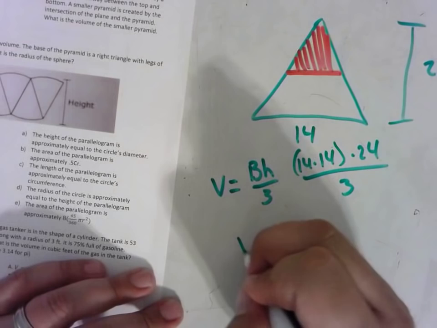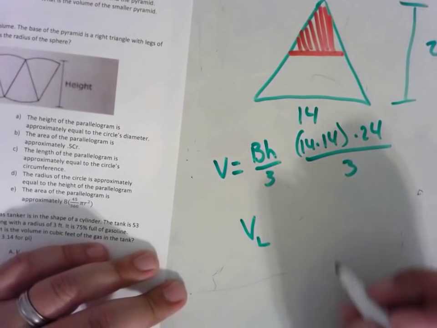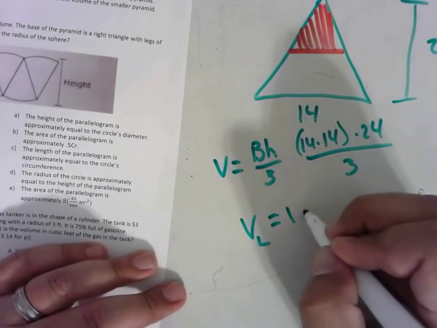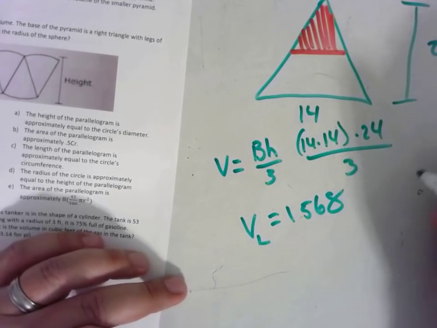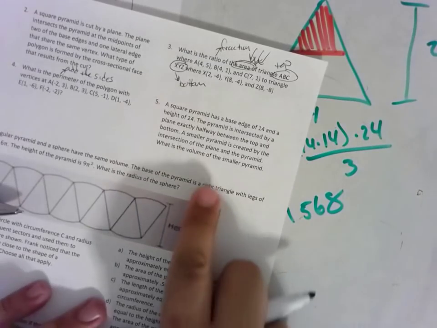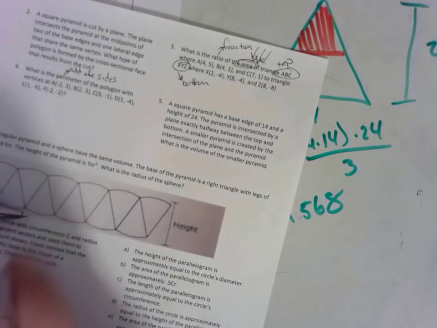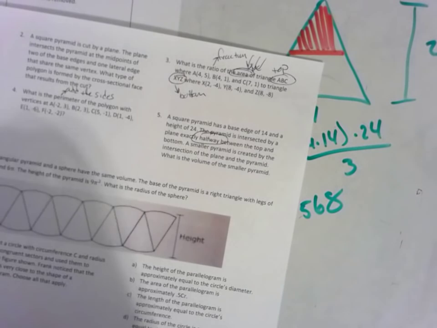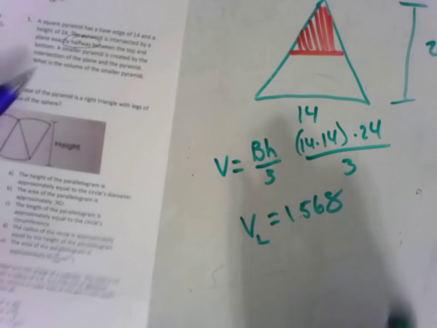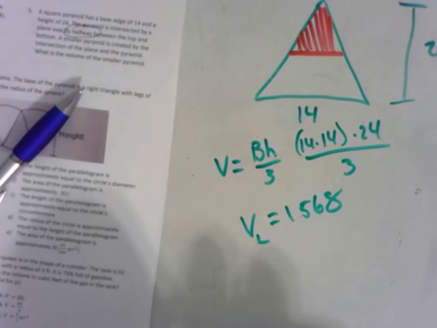So the volume of the large one, I'll put an L, is 1,568. Now, my scale factor was 1/2. They told me that the two pyramids were intersected halfway. So it's 1/2. You don't just take half of this. 1/2 is the scale factor.